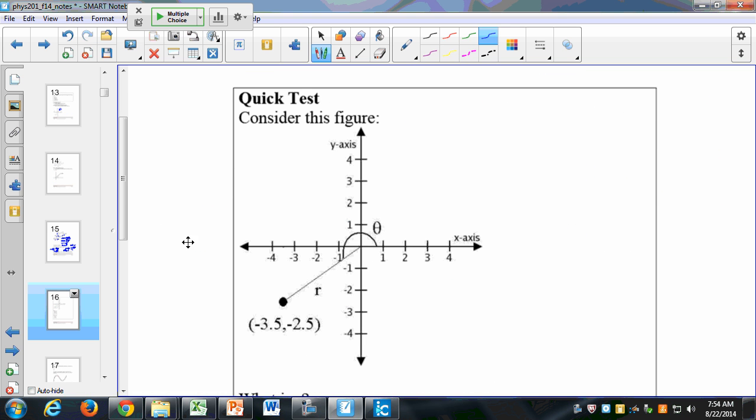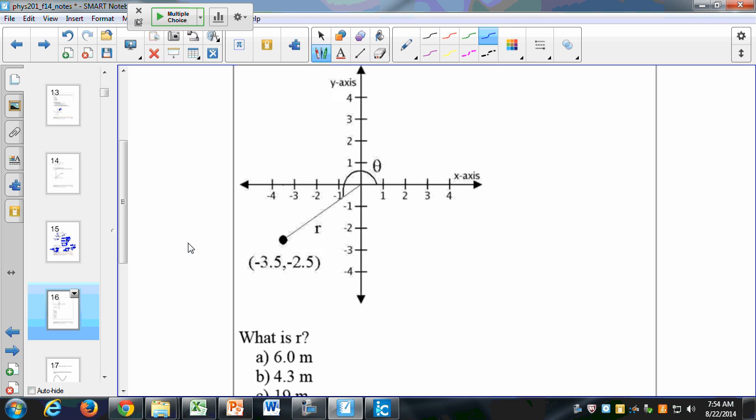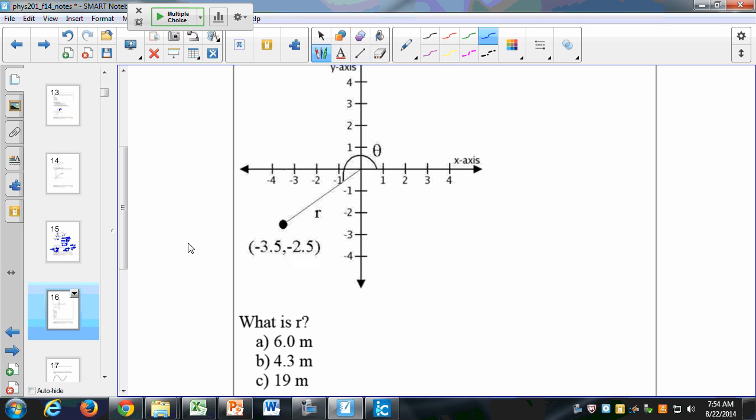All right, here's one right here. So consider this figure. First, I want to know what is R for this figure. R is the length, like in the plane polar coordinate system. R is the length from here to here. And I give the X and the Y coordinates.